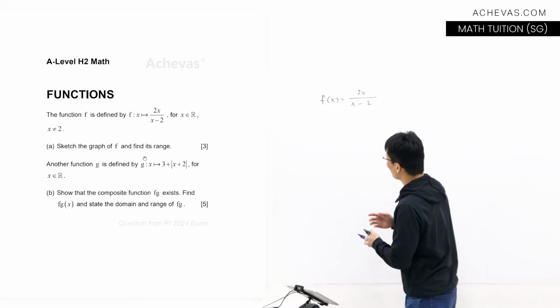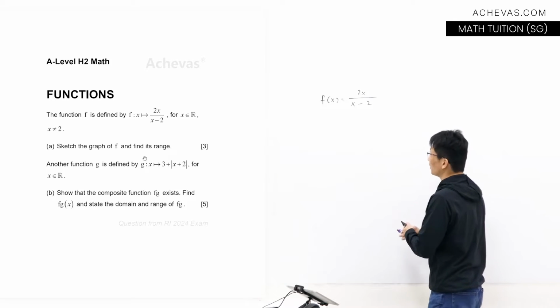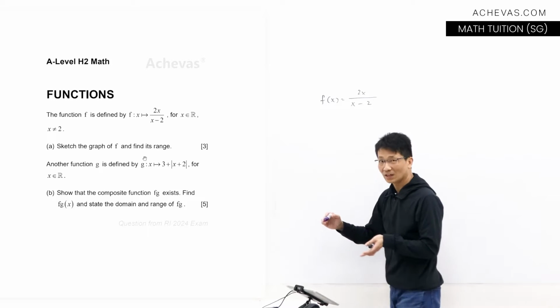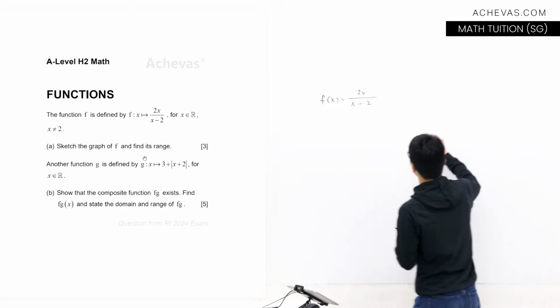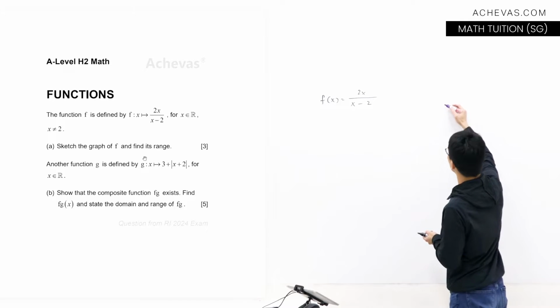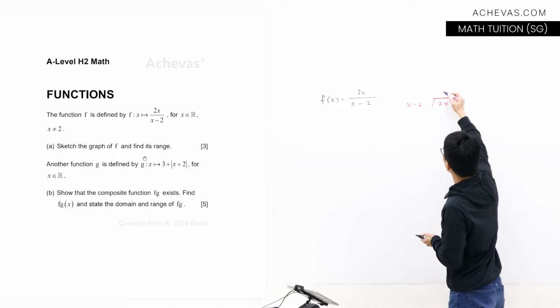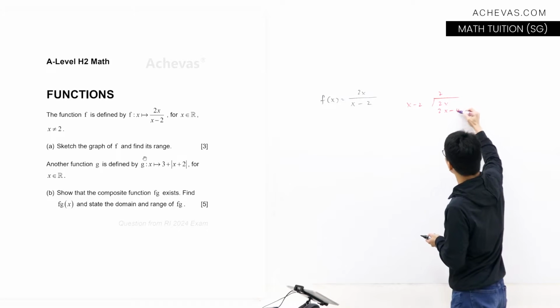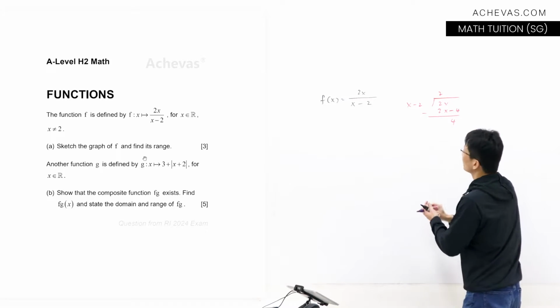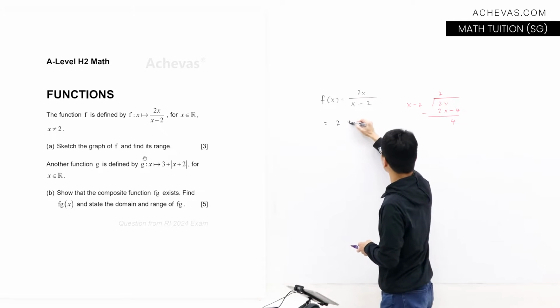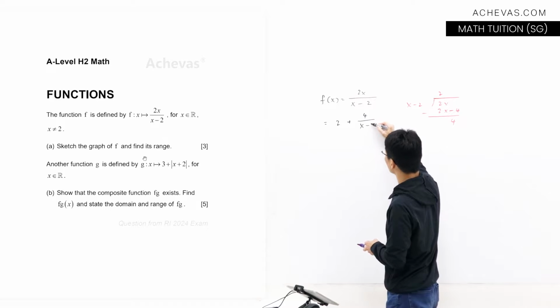Usually before I sketch the graph using GC, I will just analyze some of the features first, like the intercepts and the asymptotes. So probably the first step I will do is a quick long division first. I will get 2x minus 4 over 4, and I can rewrite my f(x) to be 2 plus 4 over x minus 2.